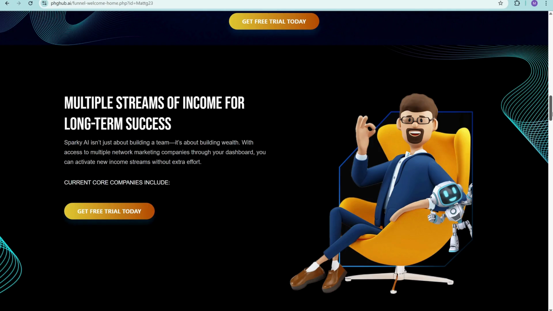Now, that is huge. And because the ad packs are focused on growing teams, not necessarily on direct signups, that is the ultimate way to scale. If your team keeps growing and it's not reliant on your efforts or how many people are directly under you, that is how you scale to the moon.